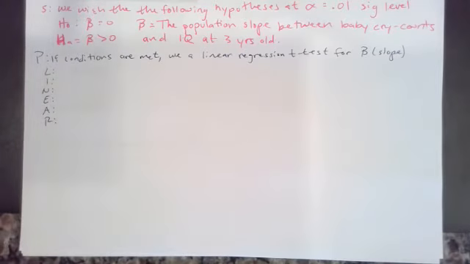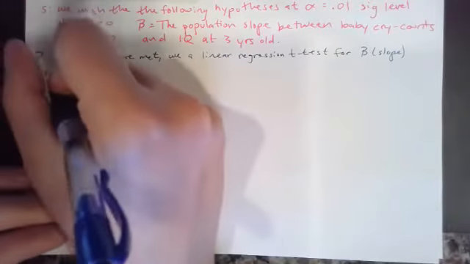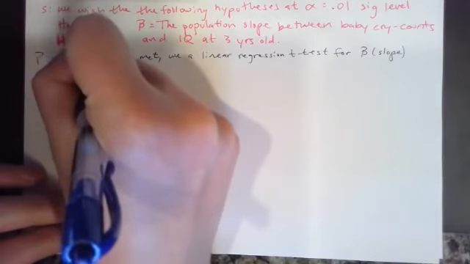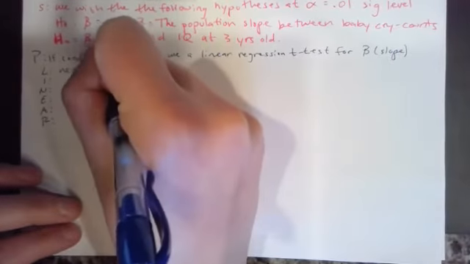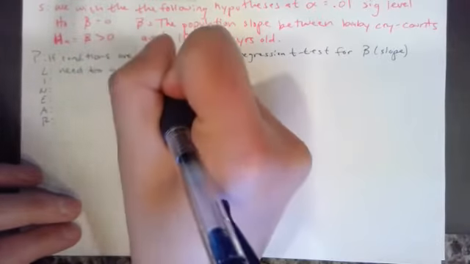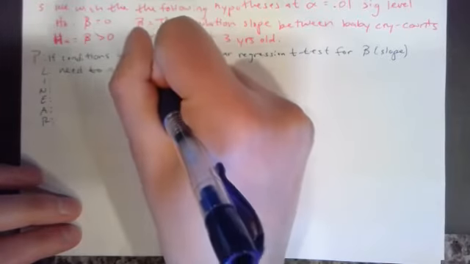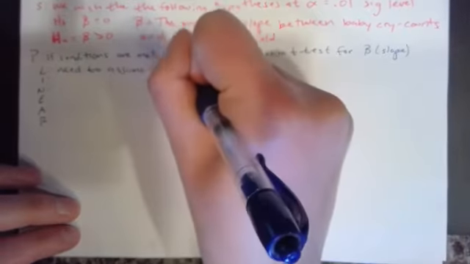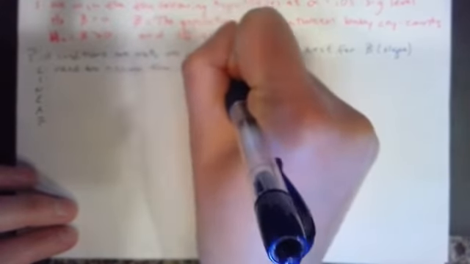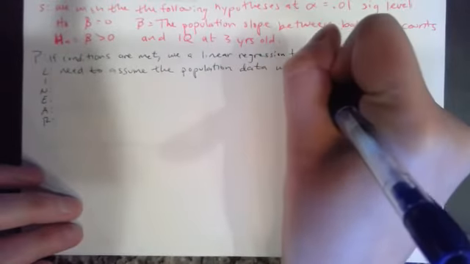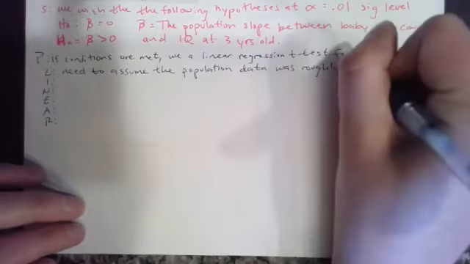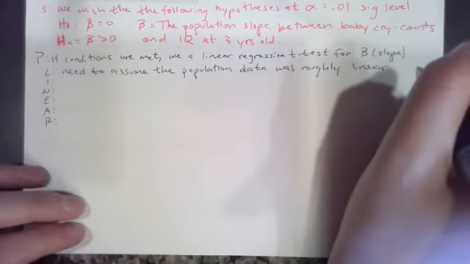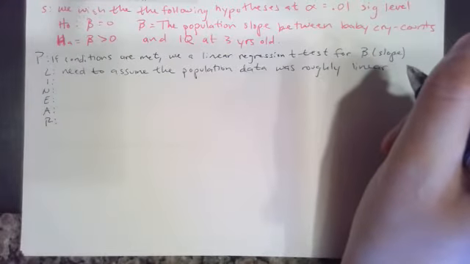Okay, linear: is the relationship between X and Y linear? So we need to assume the population data was roughly linear. All right, independence.